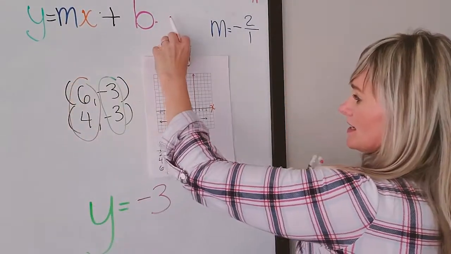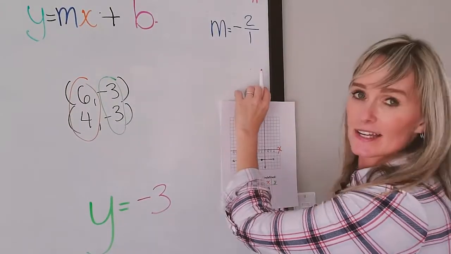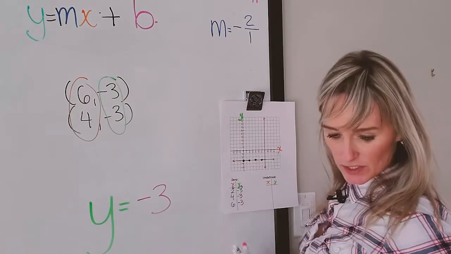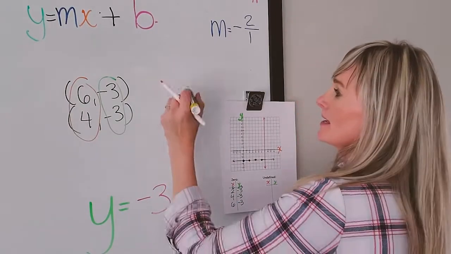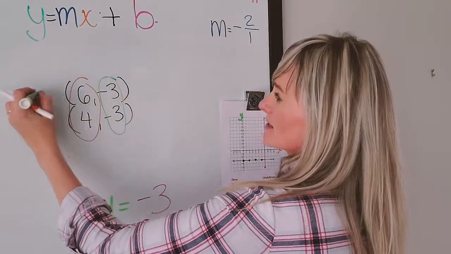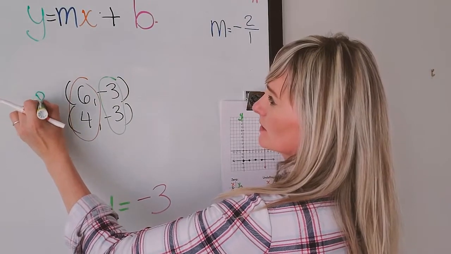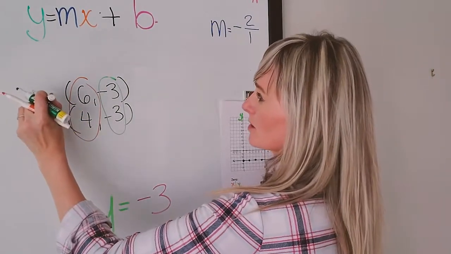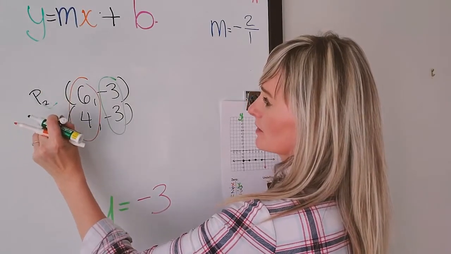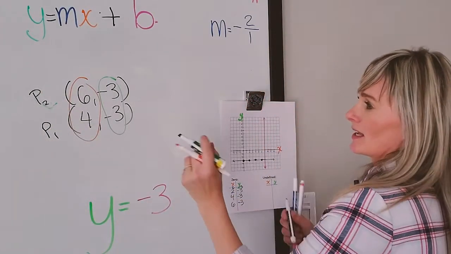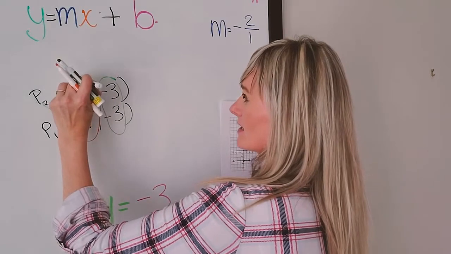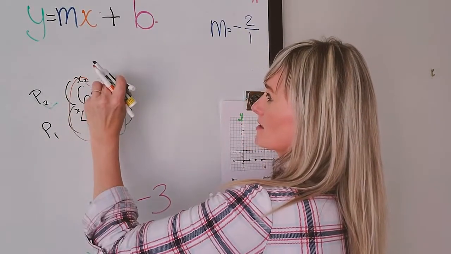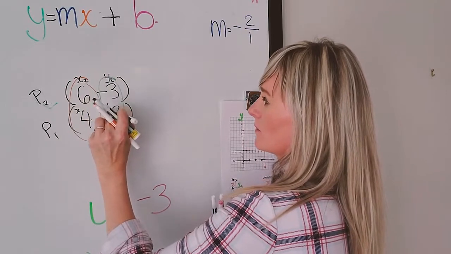In this case, we have our y values, the change in y. This could be our point 2, and this could be our point 1. That means this is going to be x2, and this is going to be x1, this is going to be y2, and y1.